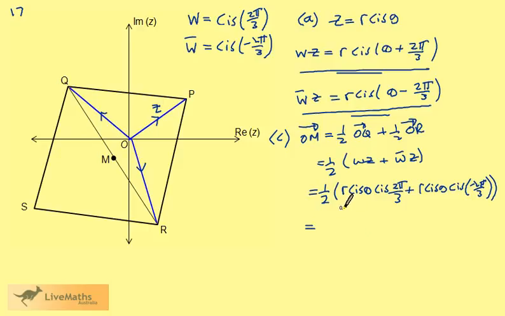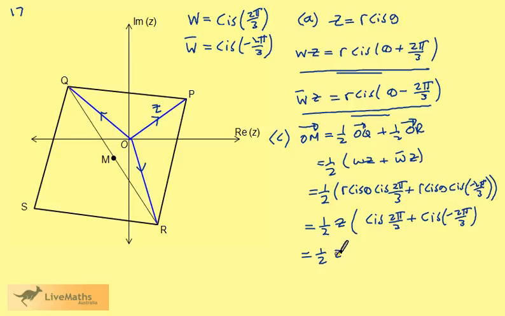So that gives us, taking out the common R cis theta, remember R cis theta is Z, so that's a half Z. Then in here we've got cis 2 pi by 3 plus cis negative 2 pi by 3.